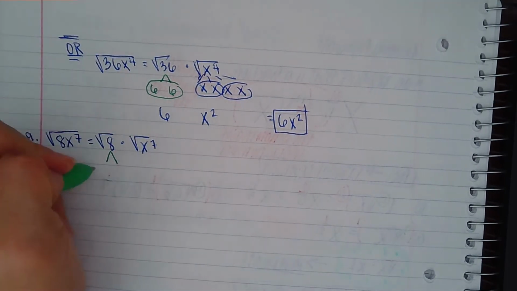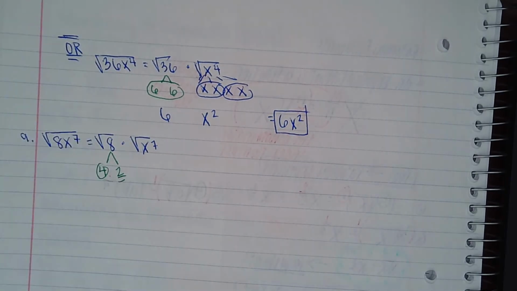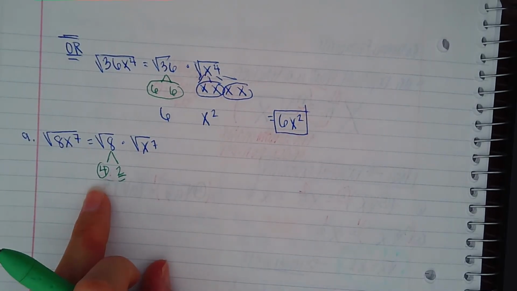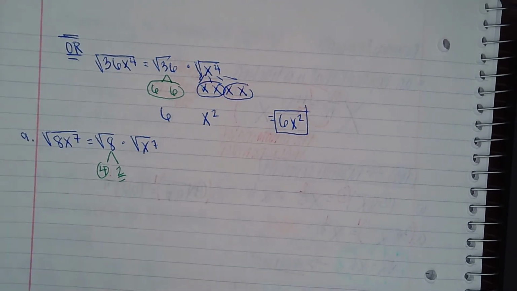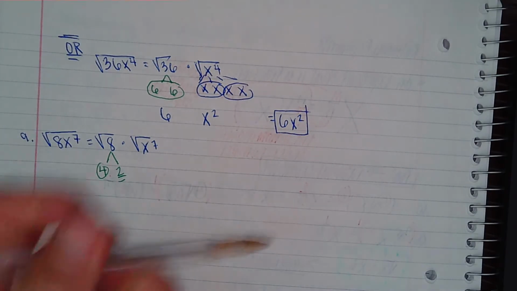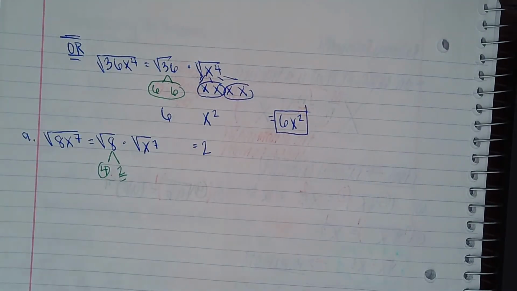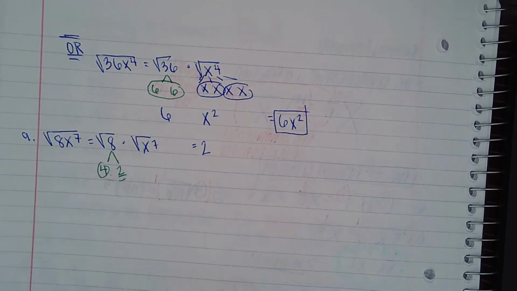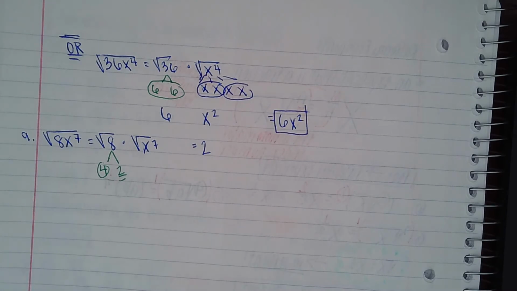The biggest perfect square that can go into it would be 4. And then there's that 2 left over. So what I'm going to do is take the square root of 4, which is 2. And I'm going to just hold off on that 2 just for a minute.